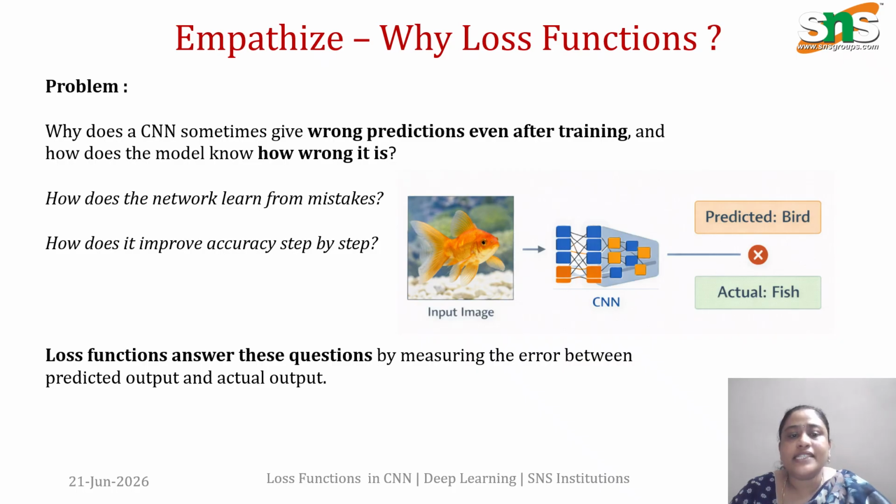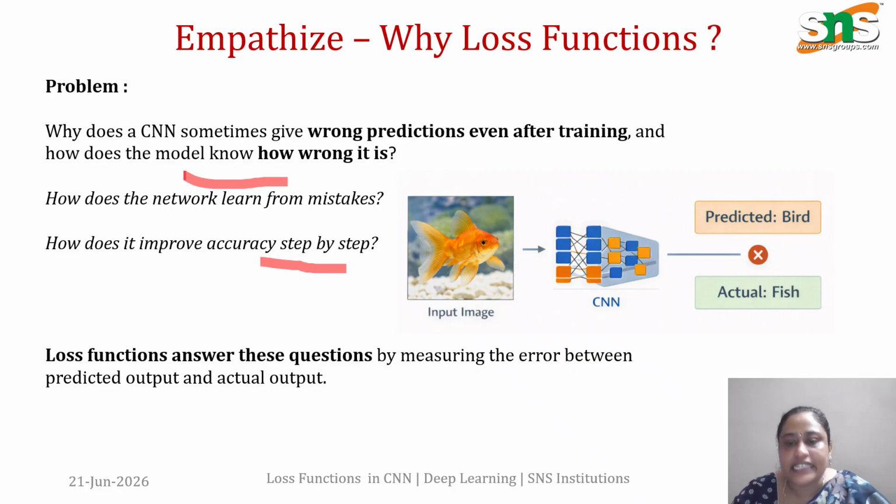The problem is that a convolutional neural network sometimes gives wrong predictions even after so much training. How does the model know how wrong it is? How does the network learn from its mistakes? How does it improve accuracy step by step? For example, let us consider the given input image is a fish.